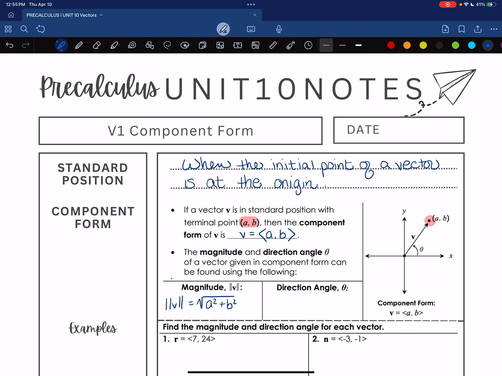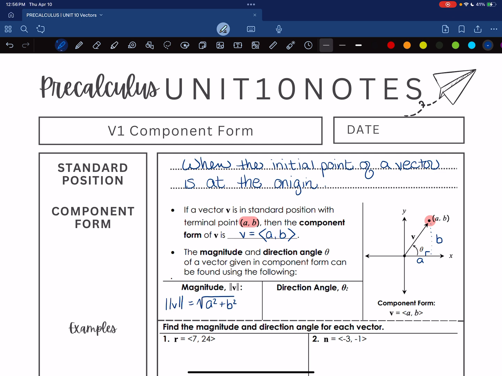If you think about it in terms of trigonometry, a is the horizontal distance and b is the vertical distance of this reference triangle drawn in your coordinate plane. So really what you're finding here, the magnitude, is the hypotenuse.